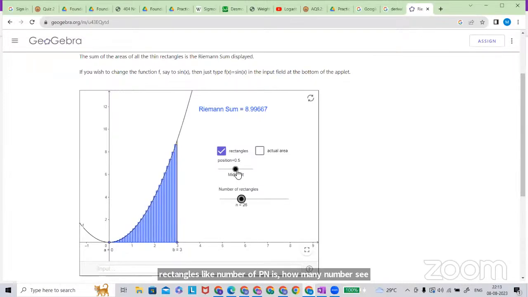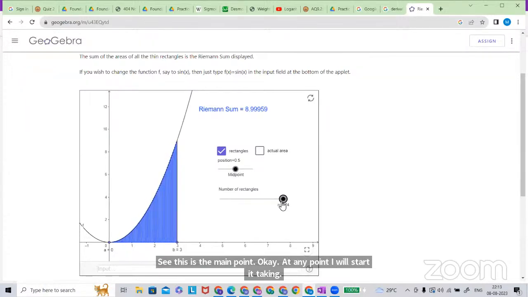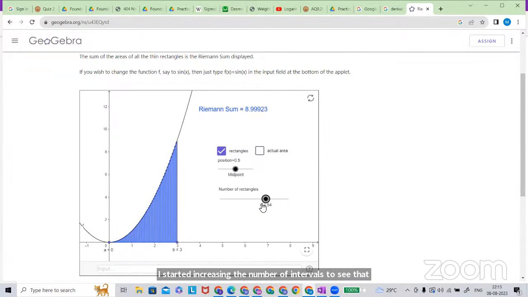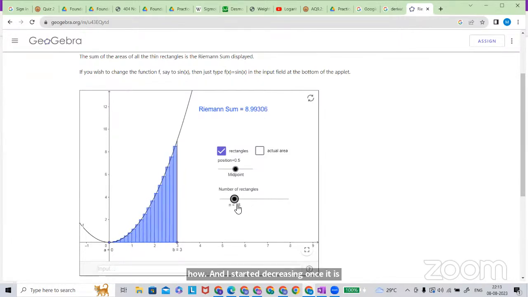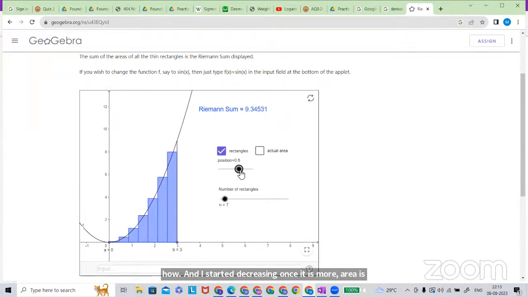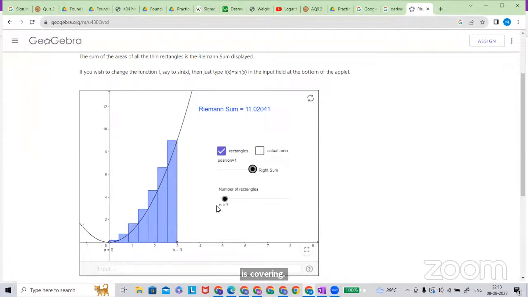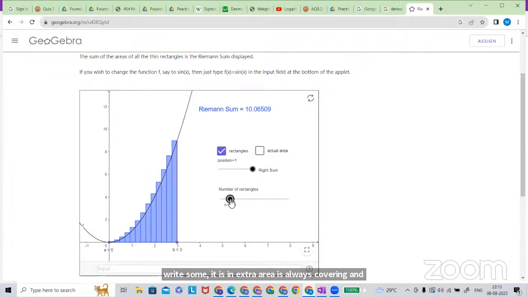Suppose I took the midpoint and started increasing the number of intervals. See how accurate it becomes, and when I decrease it, see whether more or less area is covered. Suppose instead of the middle one, I take the right sum. The right sum always covers extra area, and as we increase the number of rectangles it improves.